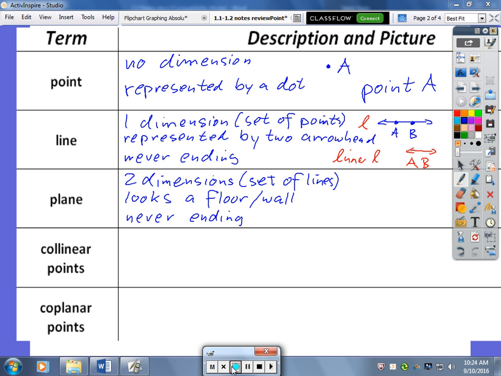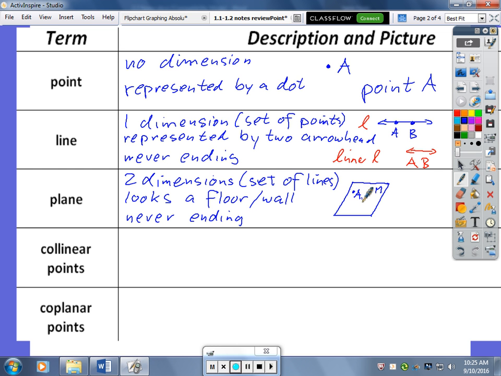So even though a plane is never ending, like I just said, we can't draw it that way. So we usually draw it like something like a parallelogram, and we can name it in different ways. We can put a letter in one of those corners of the plane. So remember, it is actually never ending, even though we draw it as a parallelogram.